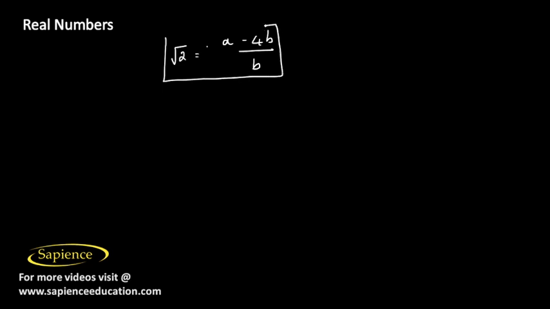This is the simplified equation, and in this equation the left hand side is only root 2, which is an irrational number.